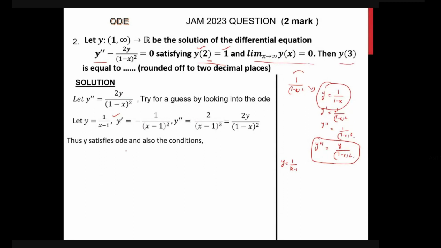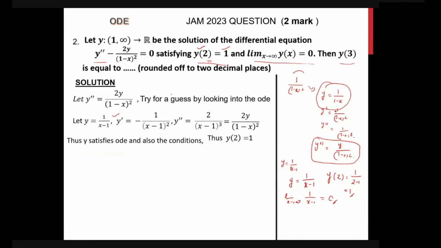Also our solution is 1 by (x minus 1). So what is y of 2? y of 2 is 1 by (2 minus 1), that is 1. And the limit of y as x tends to infinity, 1 by (x minus 1), goes to 0, right? So this satisfies the condition. So I got the answer very quickly. Okay, so that is the method.